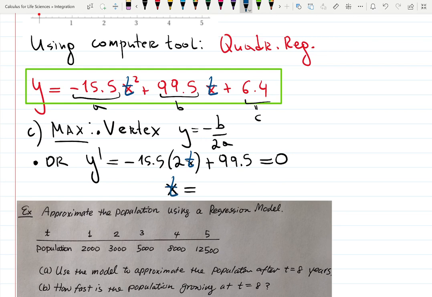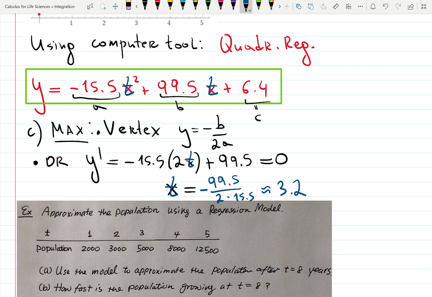So when the rock reaches its maximum, when I solve this equation, which is 99.5 over minus 2 times 15.5, which is approximately 3.2 seconds.